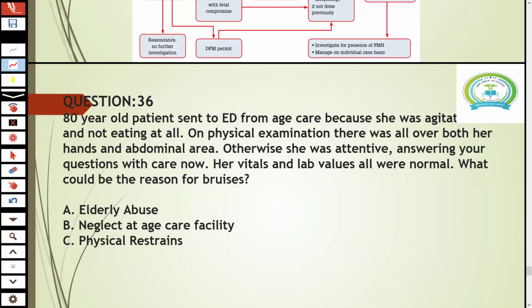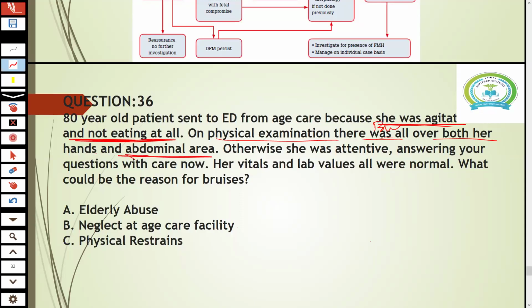The patient presented with agitation and was not eating at all because she became agitated. Whatever could be the reason. But when, as an intern or GP, you did the examination, there were bruises all over, both upper hands and abdominal area.